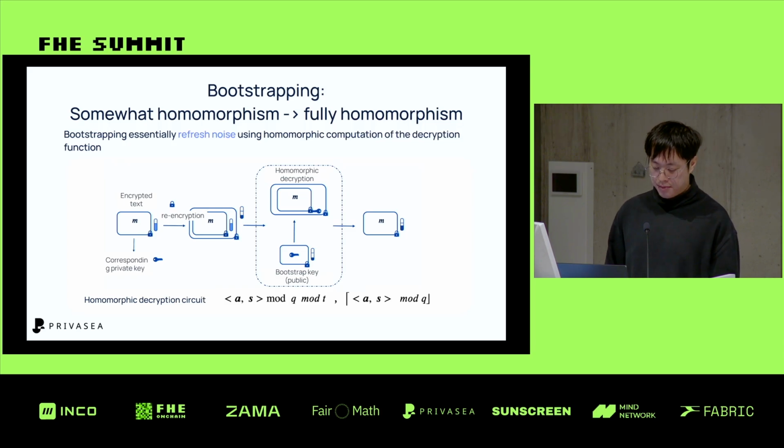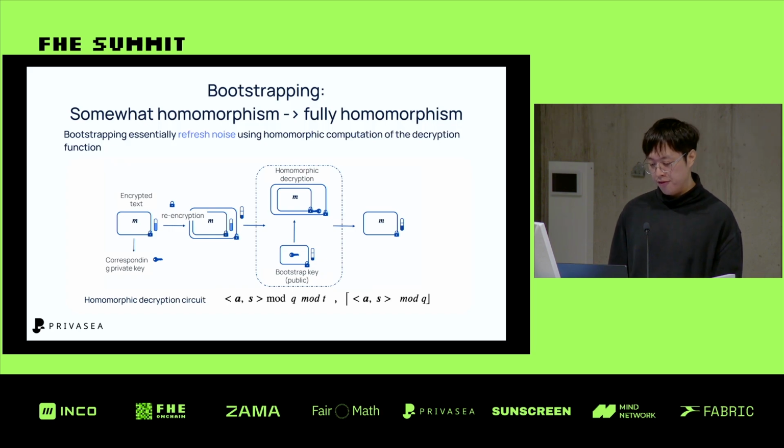The bootstrapping time of word-wise schemes often reaches tens of seconds or even a few minutes. Bitwise scheme bootstrapping is faster, but large-scale additions and multiplications are slower. And bootstrapping can be seen as a homomorphic decryption.